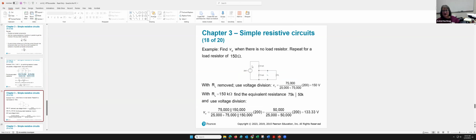I have a current source and we have 2 resistors in parallel, R sub L and 75 kilo ohm. Don't forget, change it to ohms. And then that equivalent will be in series with the 25. So we find these 2 in parallel, and then we find this in series with that equivalent.